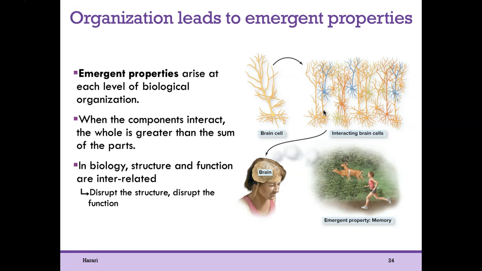And of course, if you disrupt the structure, you're going to disrupt the function. So if I were to damage the brain structure, obviously I won't be able to remember many things. But even on a smaller level, if I were to disentangle these interacting brain cells, they would not be able to produce the emergent property of memory. Because structure, right, the neuron's structure determines function.